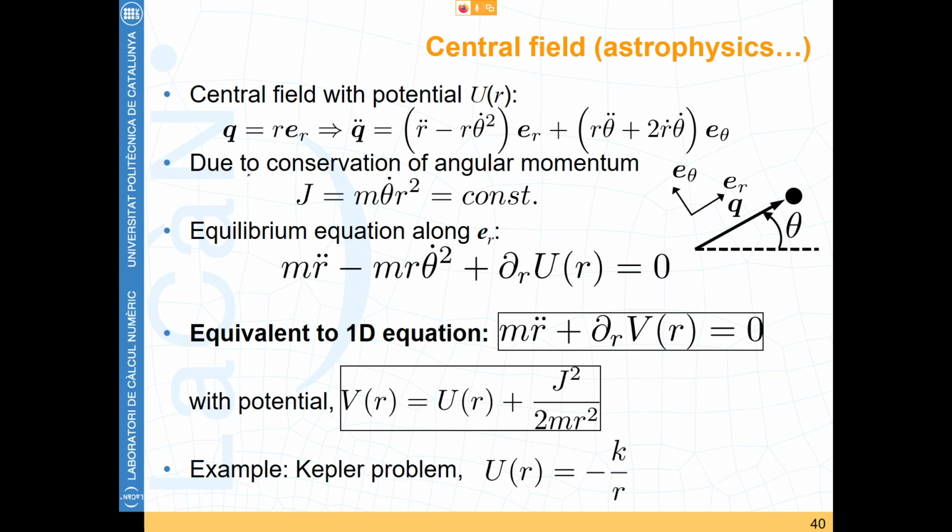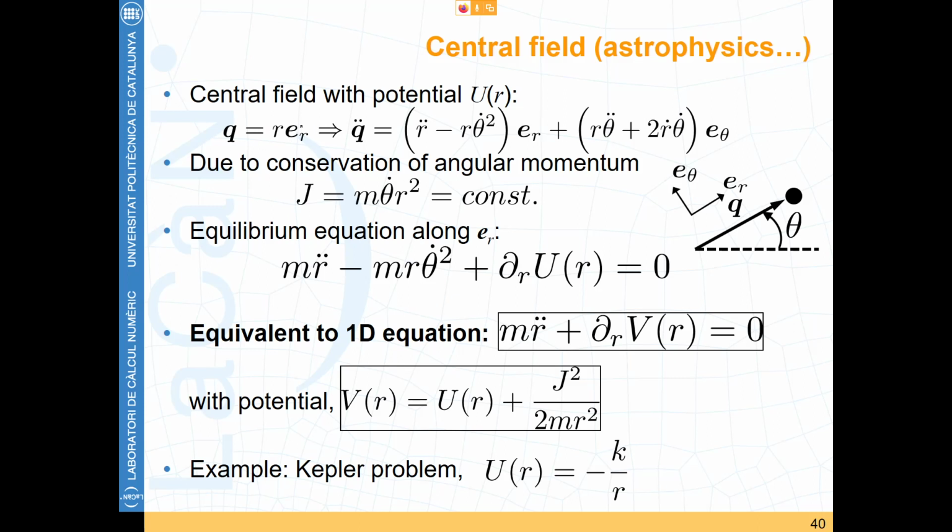In that case, our position is the distance small r times the direction of the body, e_r. So we split our position q as the position along the axis joining the center with the particle and the orthogonal vector, so it only has components along e_r. Then for the acceleration we need the time derivatives.